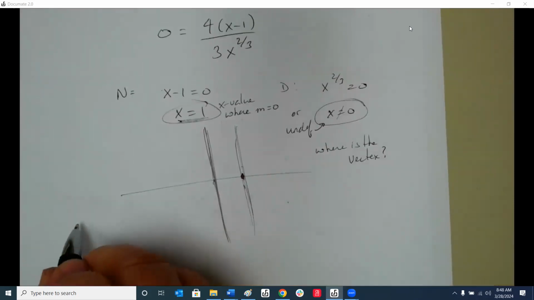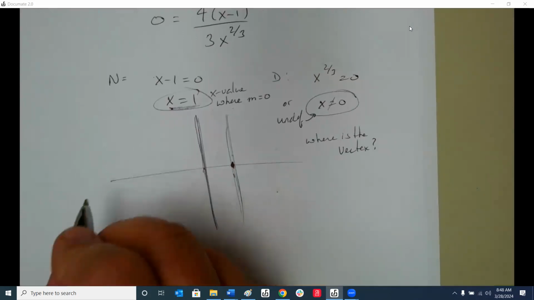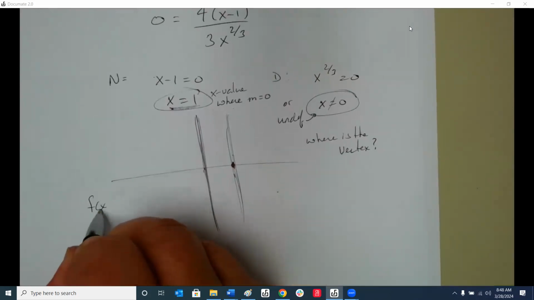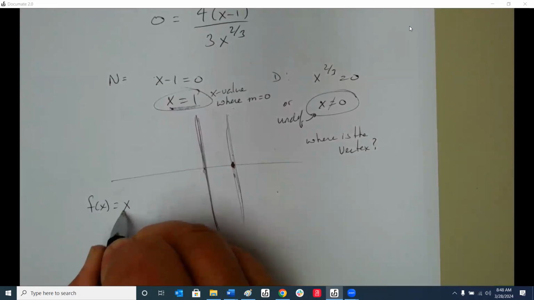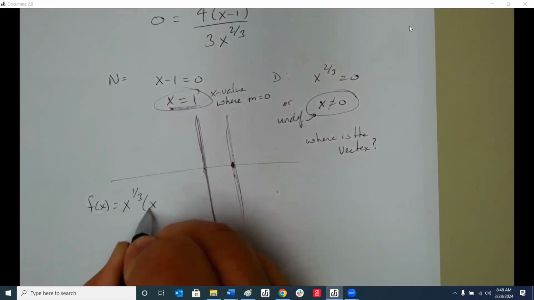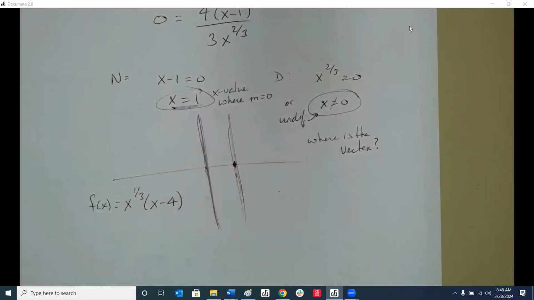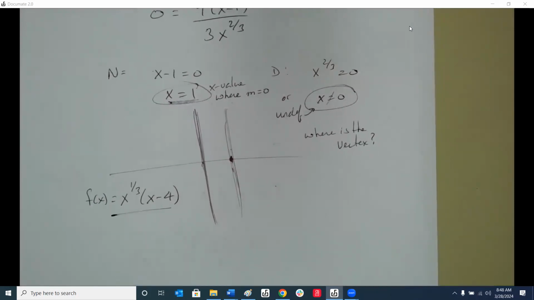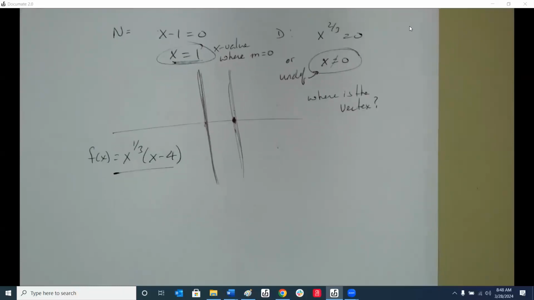Let's look back at our original equation. Our original equation was f of x equals... Looking at this, what can you tell me? It's already factored out.